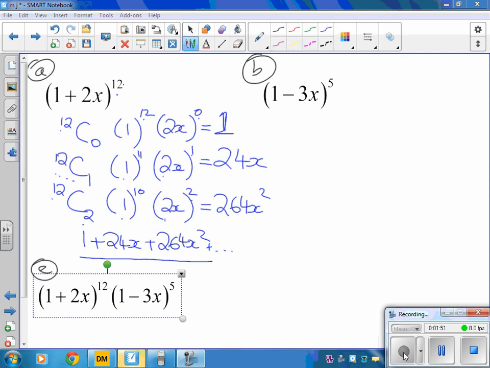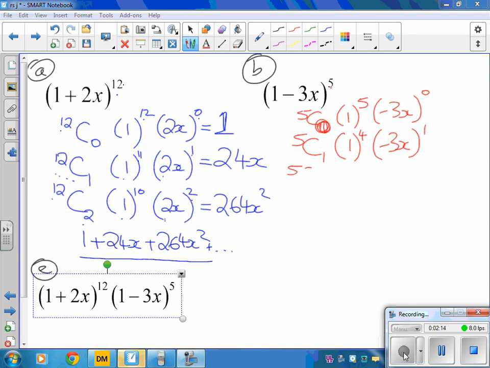Let's do b as well. And so this time we're going to the power of 5. So we've got to do 5 choose 0. We're going to have 1 to the power of 5 and 3x to the power of 0. Then we're going to have 5 choose 1, 1 to the power of 4 and minus 3x to the power of 1, and 5 choose 2, going down again.